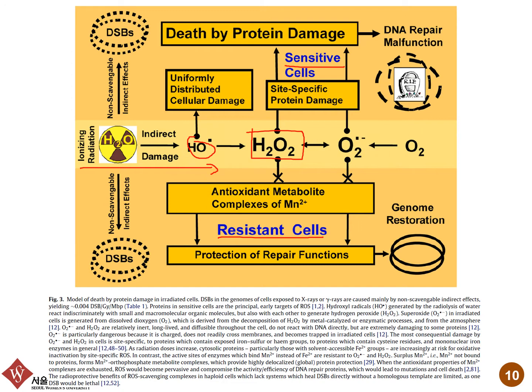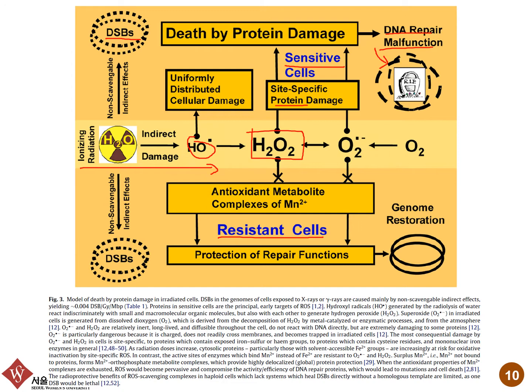But in the case of the sensitive cells, they suffer very specific protein damage, and due to the several damages to the proteins and also the double-stranded breaks in the DNA, they lead to cell death. Because of the protein damage, the DNA repair will malfunction and they cannot repair the DNA, which means the broken DNA due to the double-stranded breaks is still present in the cell, which causes the cell to die.